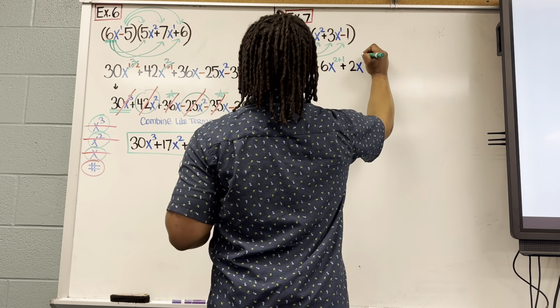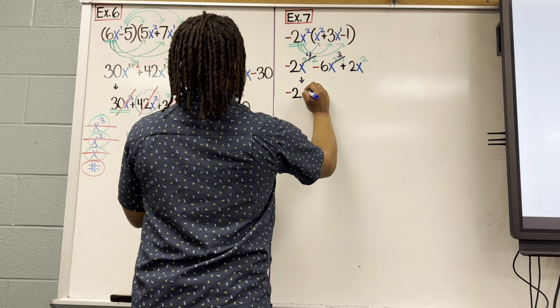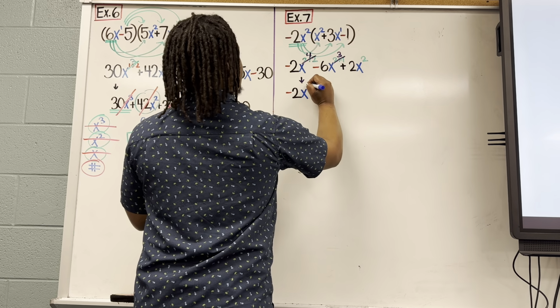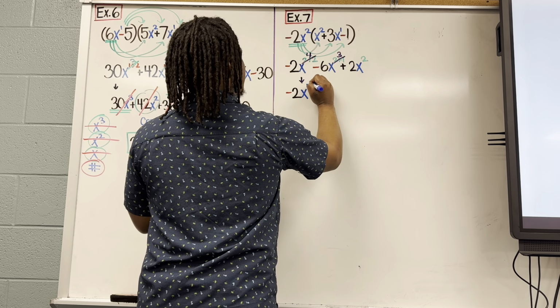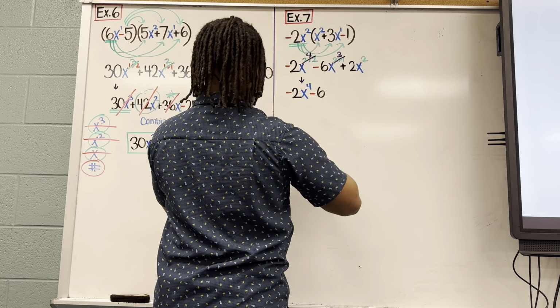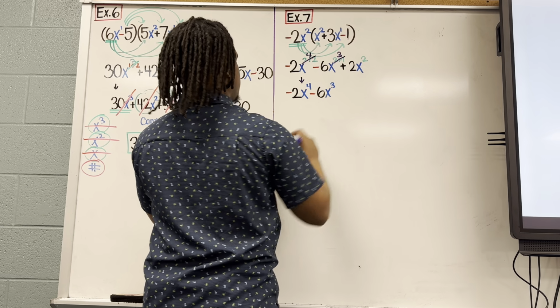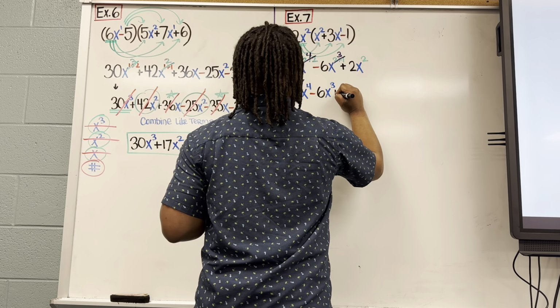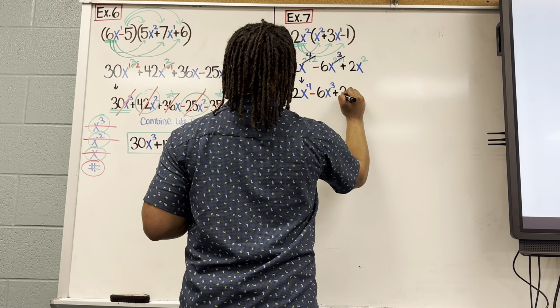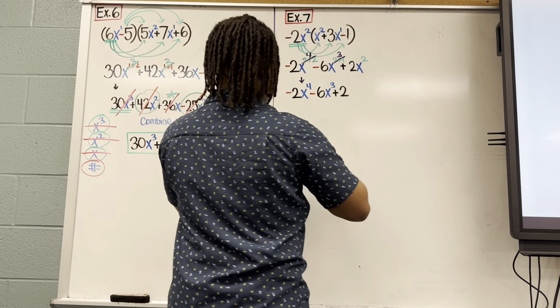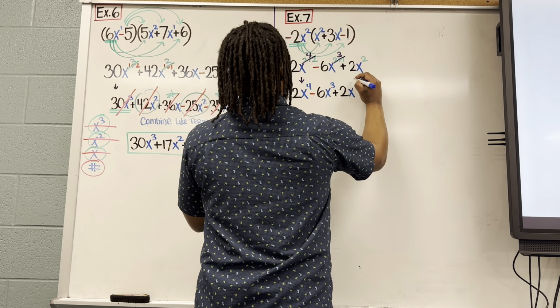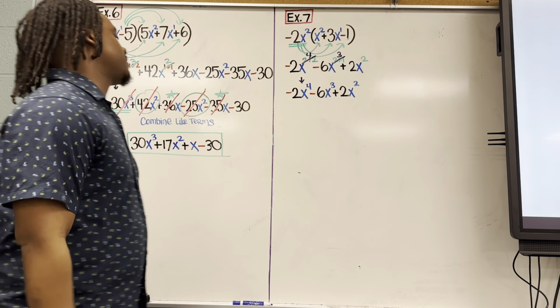Negative 2x to the 4th power minus 6x to the 3rd power plus 2x to the 2nd power, okay?